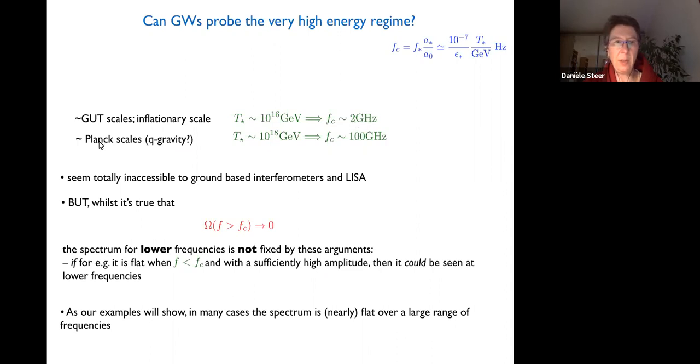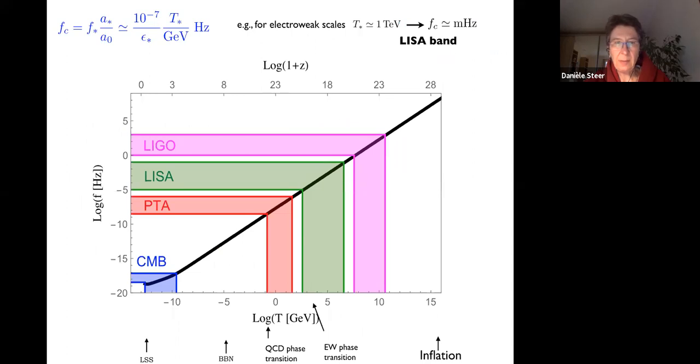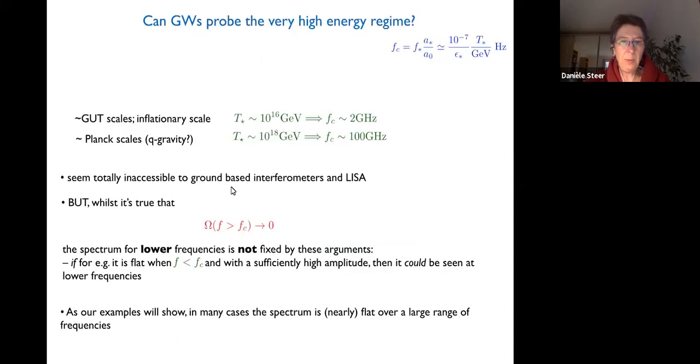And you could even go further up to the Planck scale. Maybe you could want to probe quantum gravity, for example, at some energy scale of the order of 10 to the 18 GeV, which corresponds to a characteristic frequency of about 100 gigahertz. So as this plot would seem to suggest, that's completely outside the scope of ground-based interferometers, LISA, and all these detectors.